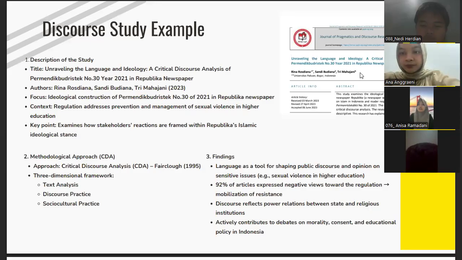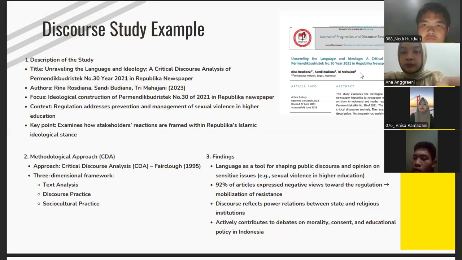The research entitled "Unraveling the Language and Ideology: A Critical Discourse Analysis of Mendikbud Ristek Number 30 Year 2021 in Republika Newspaper" by Rina Rosdiana, Sandy Budiana, and Trimaryani investigates how the ideological construction of Mendikbud Ristek Number 30 Year 2021, about the prevention and handling of sexual violence in higher education, is represented in the newspaper Republika.